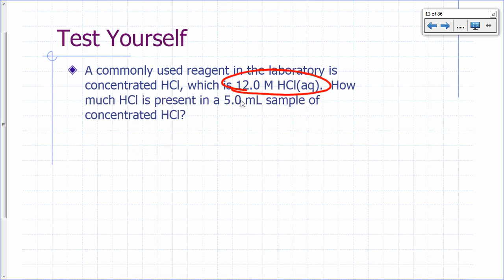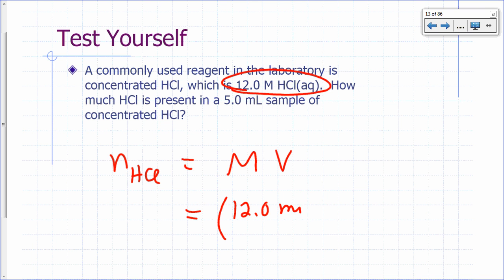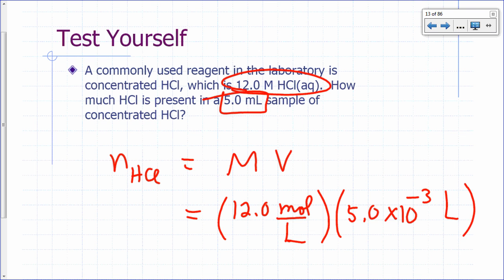Moles of HCl is molarity times volume. Our molarity is 12.0 moles per liter. We're using milliliters, it doesn't really matter. Moles per liter, and 5 mL would be 5.0 times 10 to the negative 3 liters.